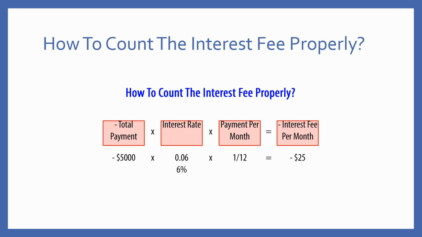So within the 1 year, you pay 6% times 12 of them.